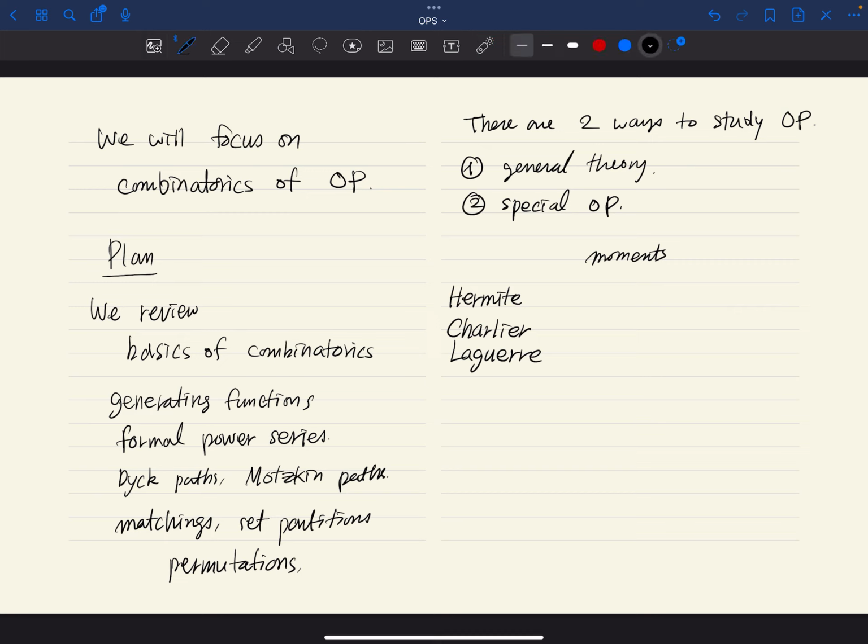Then the moment mu n in this case, actually it only has even moments, so it's a symmetric orthogonal polynomial, is 2n minus 1 double factorial, which means 1 times 3 times dot dot dot times 2n minus 1. And for Charlier, there's a formula, but not a closed formula like this, but there's a nice combinatorial formula. This is n factorial. This is the number of perfect matchings on 2n.